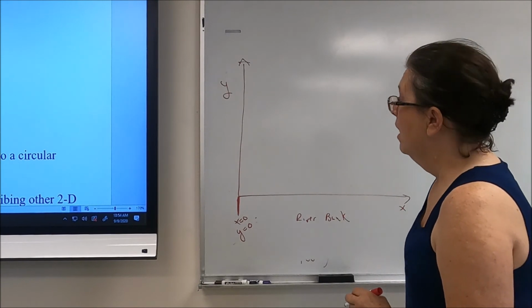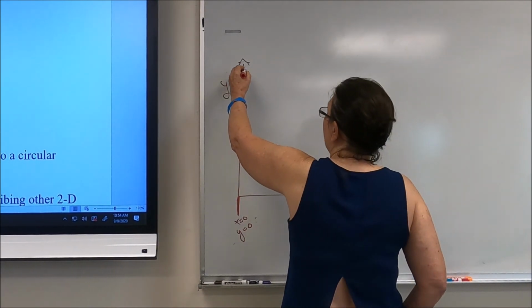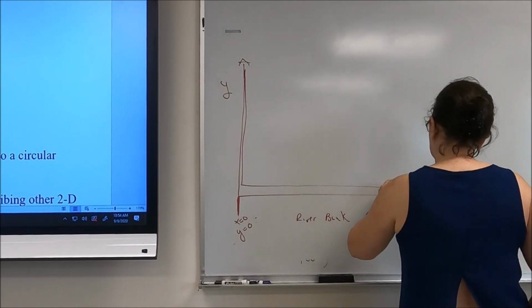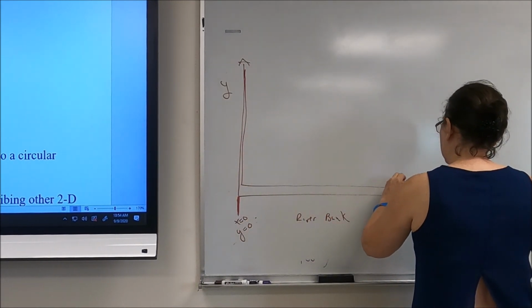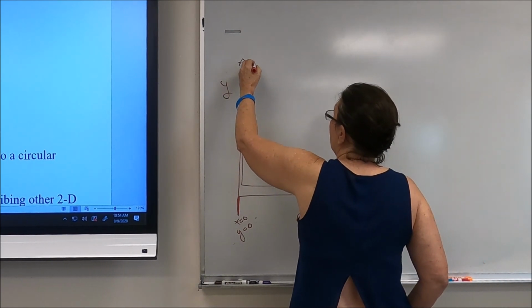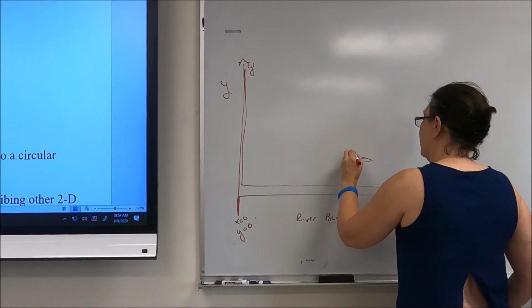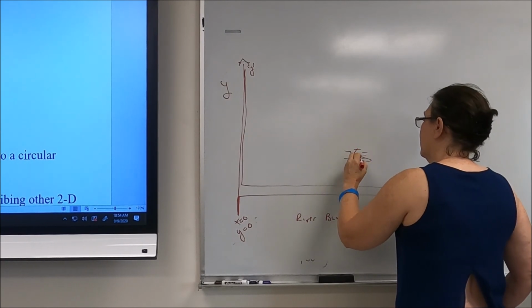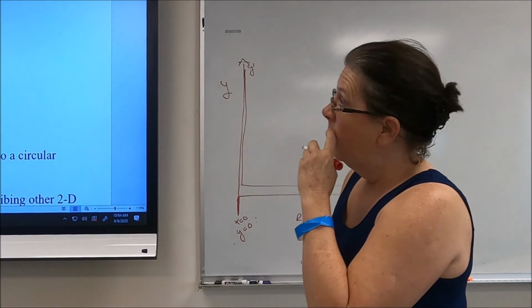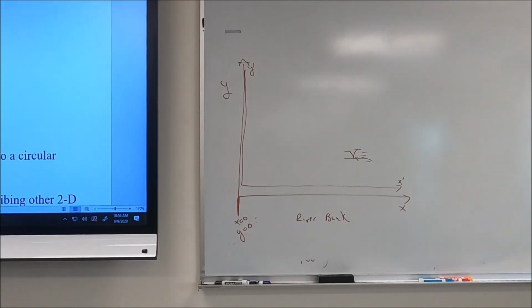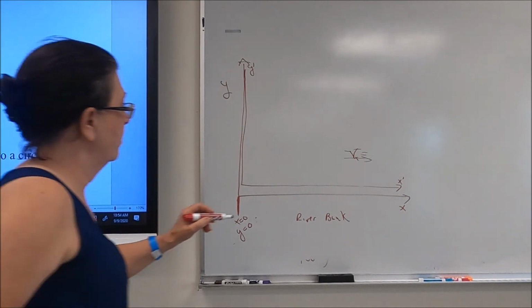And we know that our reference frame x prime and y prime has a velocity Vx, which was given to us as 1 meter per second.